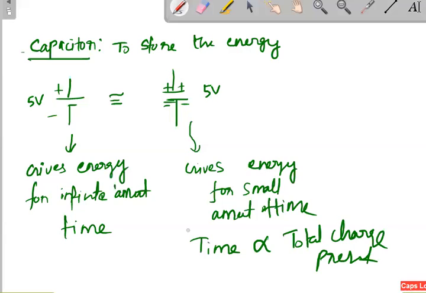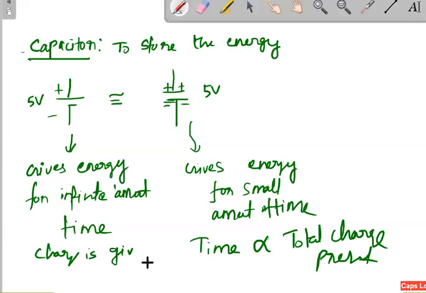Here also it depends on the charge only, but the charge will be continuously replaced. Because infinite time means somebody else is providing energy for this battery. So here also it depends on the charge, but the charge is periodically replaced by another system.